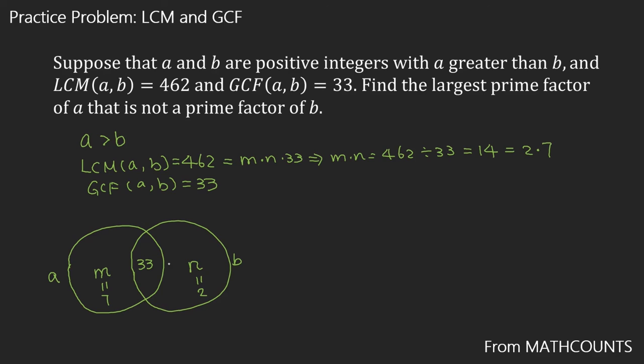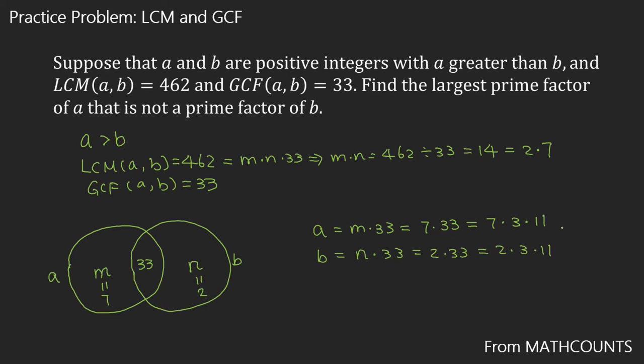Now from the Venn diagram, if we just look at circle a, it is equal to M times 33, which is 7 times 33. And if we factor out 33, that equals 7 times 3 times 11. And b similarly equals N times 33, which is 2 times 33, and that equals 2 times 3 times 11.